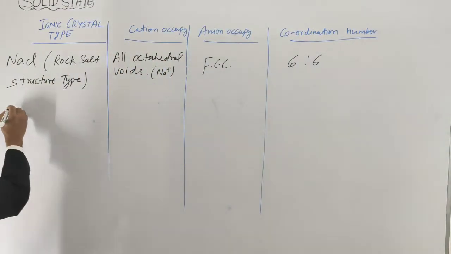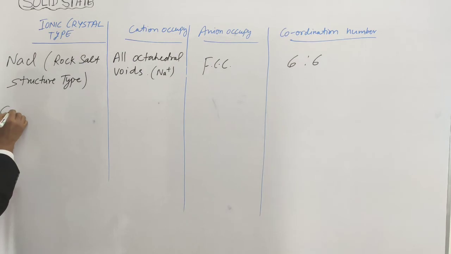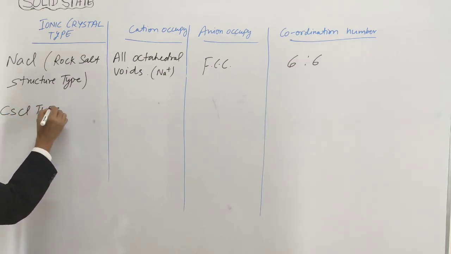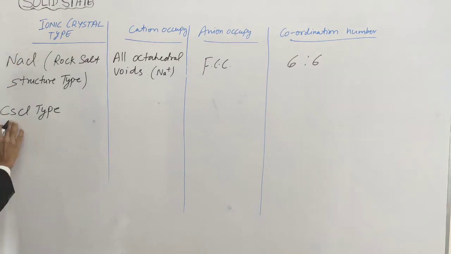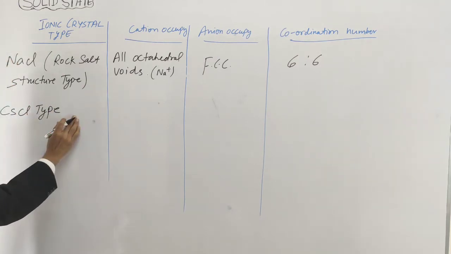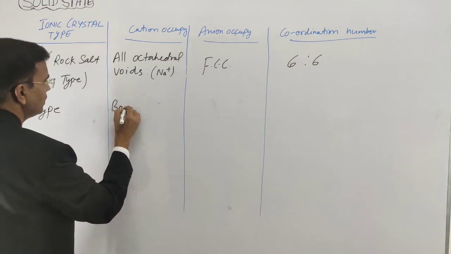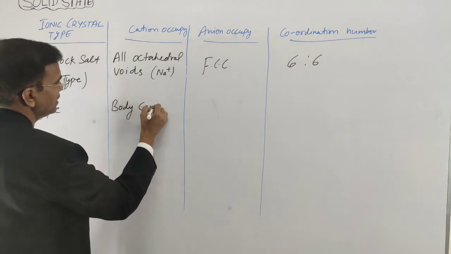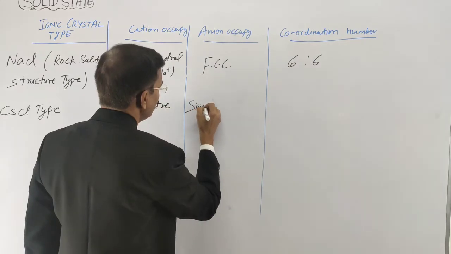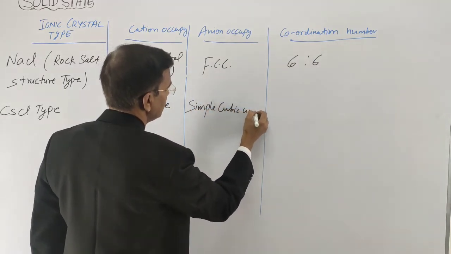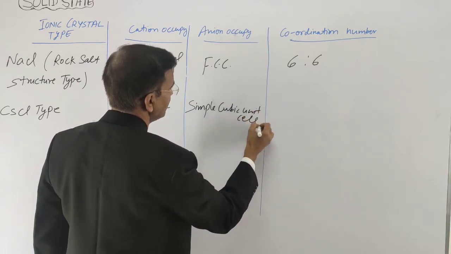Next is the CsCl type. The cation occupies the body center, and the anion forms a simple cubic unit cell.